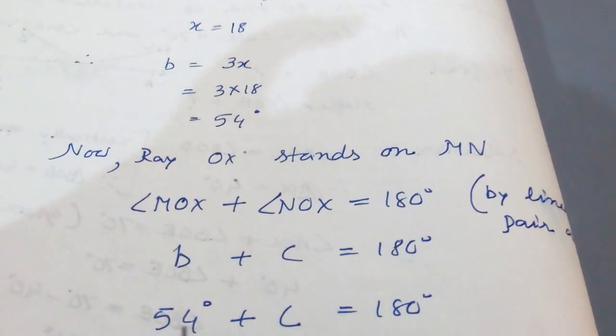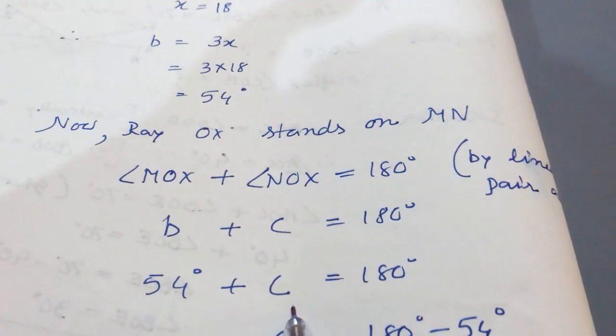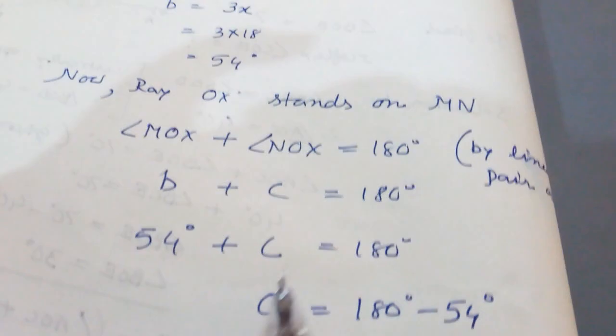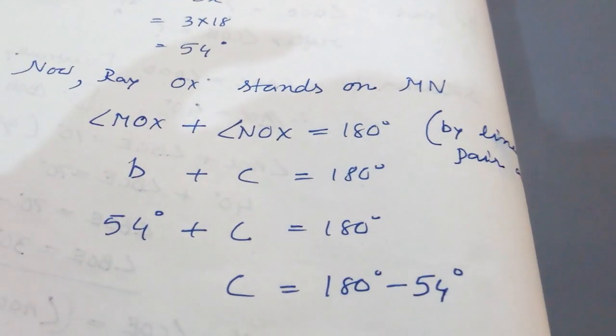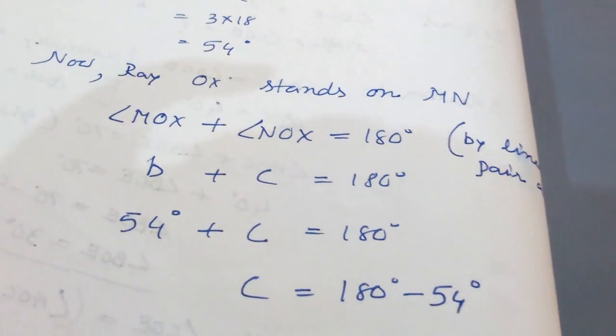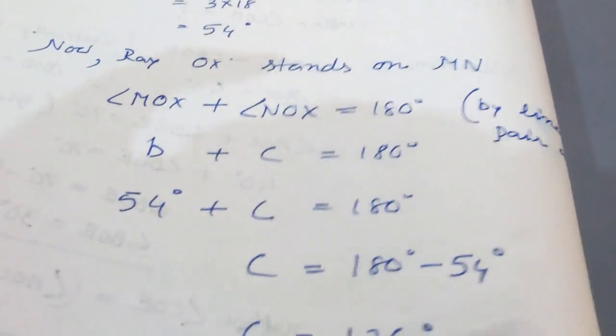We get that b is equal to 54. From here we get b is equal to 54. 54 degrees plus c is equal to 180 degrees. Therefore c is equal to 180 minus 54. c is equal to 126. We get the answer. c is equal to 126 degrees.